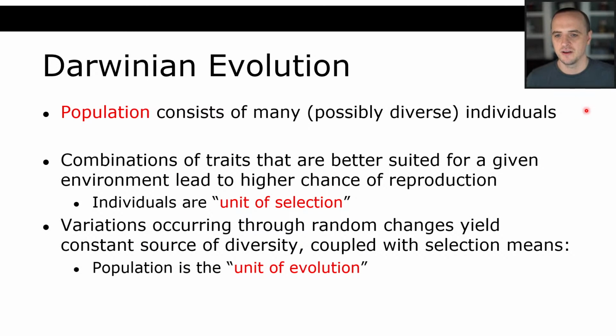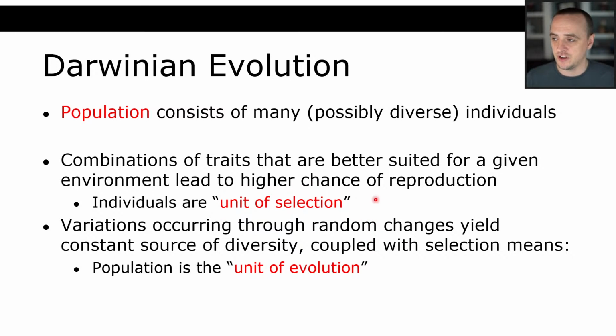It means that individuals are the things that are selected from an environment. That individual is fitter in some way, or its phenotypic traits led to it either being selected for reproduction or it does not reproduce. So individuals are the unit of selection. Individuals are selected for reproduction or not.